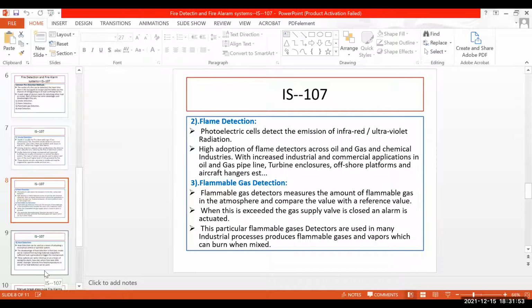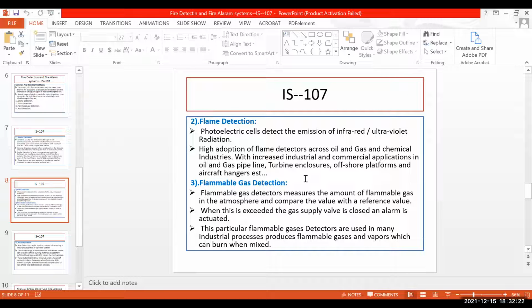And for flame detection, photoelectric cell sensors will be there. The cells will detect the emission of infrared and ultraviolet radiation, even from welding, whether it is TIG, arc, or any welding.